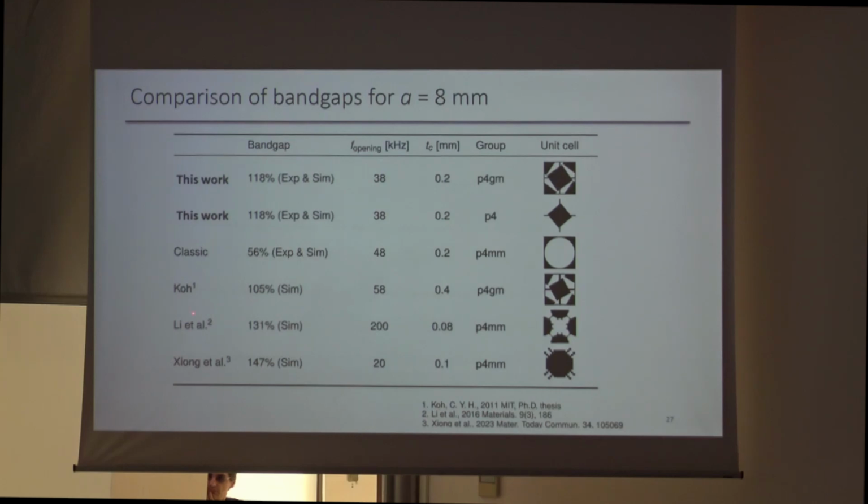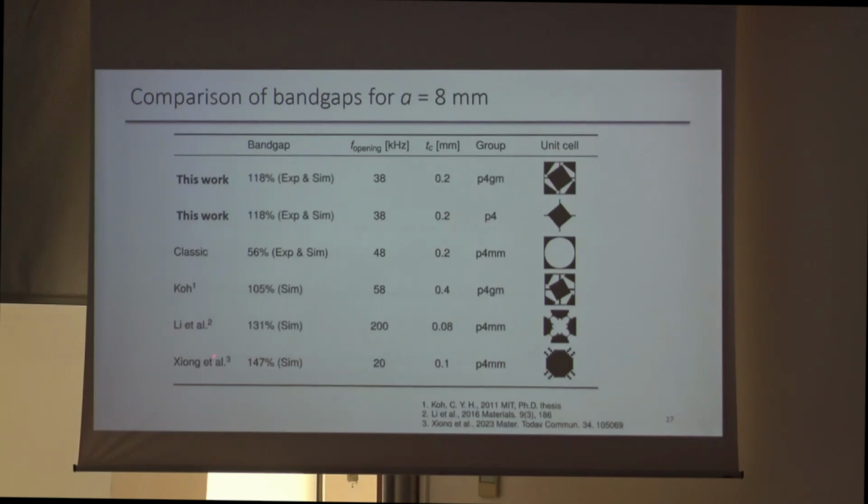Because, for example, there are works which report only numerically, not experimentally, phononic crystals with a larger bandgap, but the lower frequency is higher. And we would like to have lower frequencies of the opening of the bandgap, because then we can make our structure smaller in order to block the lower frequencies. Usually these are the frequencies that we want to eliminate, especially in aerospace engineering.